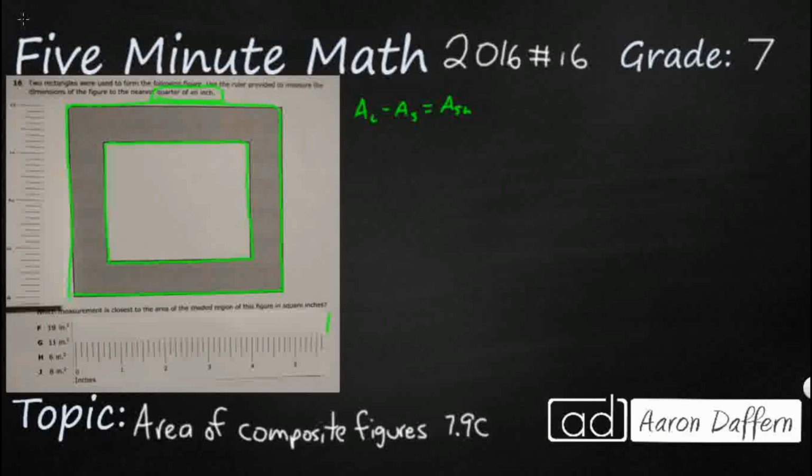So this length down here, I'm going from my 0 all the way to right about there, and that's between the half and the 5. Right between is going to be my 3/4. It's not labeled, but we have to be able to read that. So that is 4 3/4, which I'm just going to make 4.75.